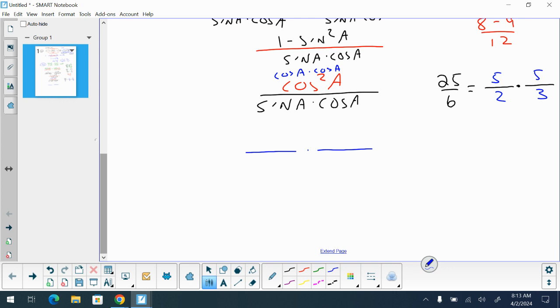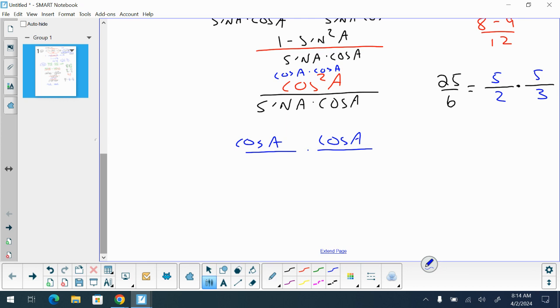Rachel, what do we have? Well, let's see. 25, you went to 5 and 5, because 5 times 5 is 25. Well, on top we have cosine squared, which is cosine cosine. So what can we put in both the tops? Cosine. On the bottom, I got sine times cosine.